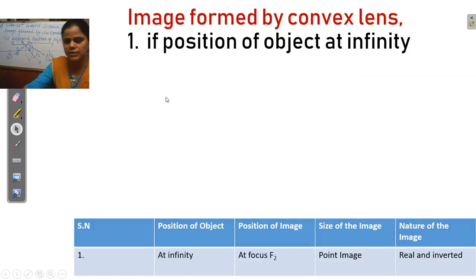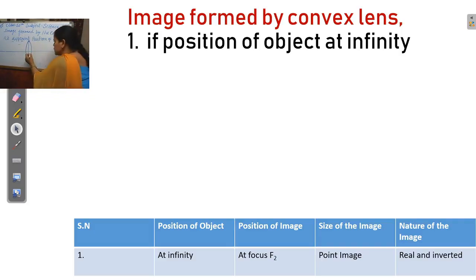In the first case, the position of the object is at infinity. Here this is a convex lens, and this is the principal axis. The position of the object at infinity means a very long distance from this lens.